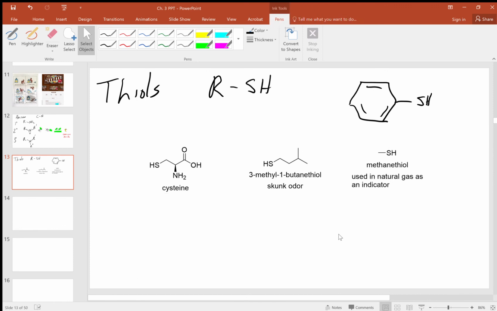The molecule on the right, methane thiol, is not that useful of a compound other than for its bad smell. If you've ever smelled a natural gas leak, natural gas doesn't really have much of an odor, so they put a very, very small amount of methane thiol into it to use that as an indicator. And finally, you can see the thiol in the middle is the thiol that's responsible for a skunk's odor.